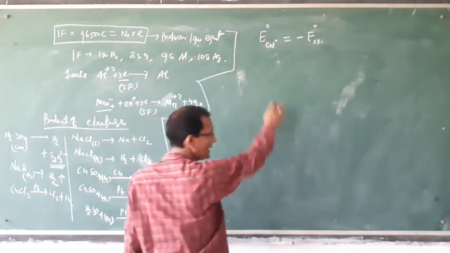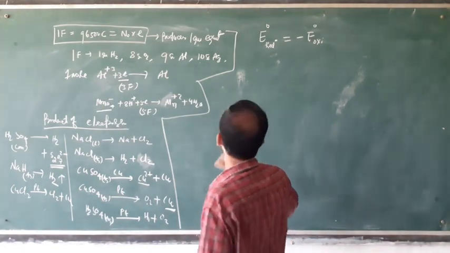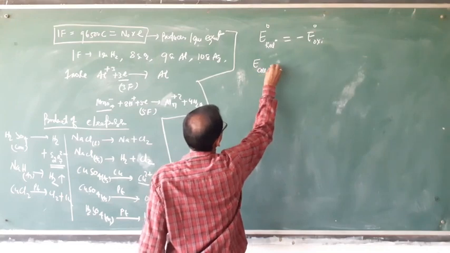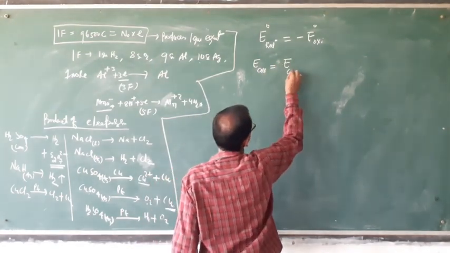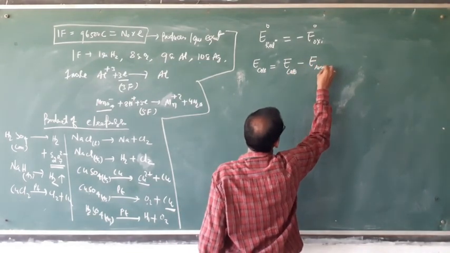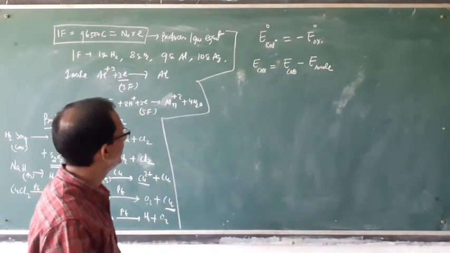And every cell has a cell potential. E of cell is equal to E of cathode minus E of anode. These are very important differences.